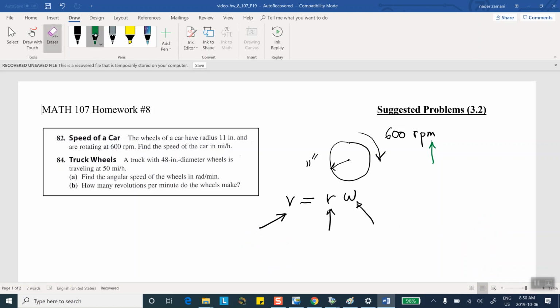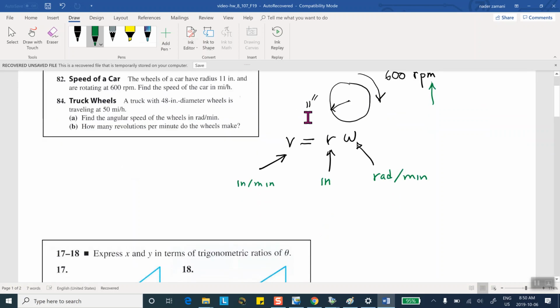This was given to me in inches, no problem, I'll use inches. This was given as rounds per minute, so I'm going to convert it to radians per minute. So the answer I get for V is going to be inches per minute.